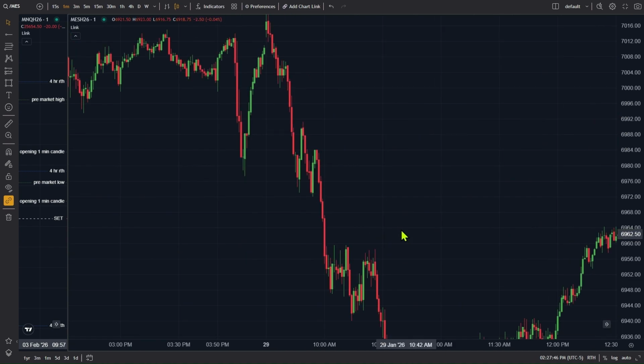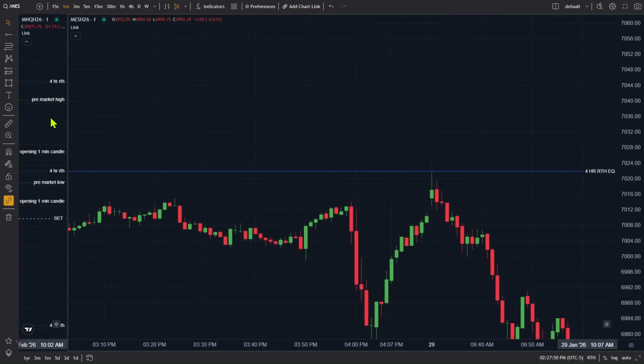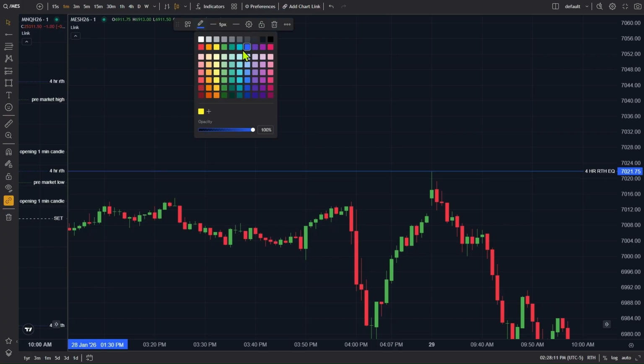Let's go back to another day where we opened right here. Beautiful. I don't have the pre-market high marked out and the pre-market low marked out. But if we just use regular trading hours only, we can use that one as the high. I'll just change it to purple for a second.